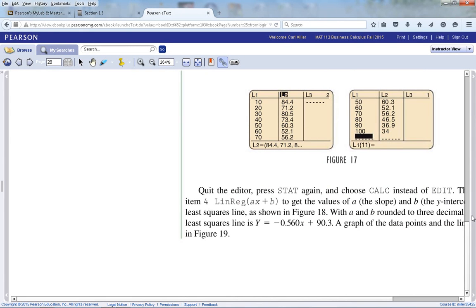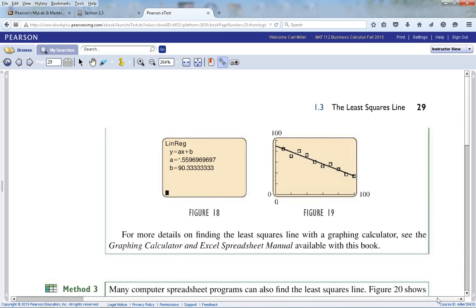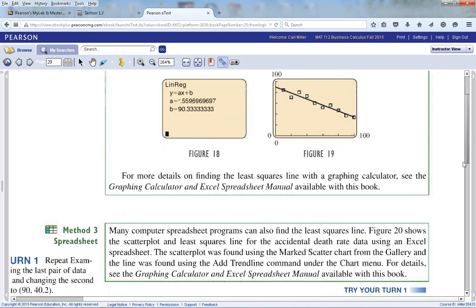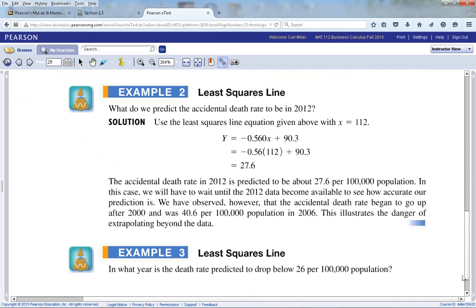Now if we go on a little bit further over, we can talk about a couple of ways to use that equation. So what would you predict the accidental death rate to be in 2012? In this case, 2012 minus 1900 would give me an x value of 112.